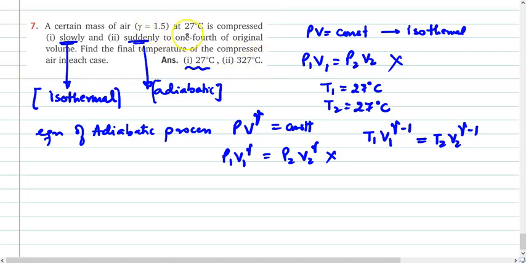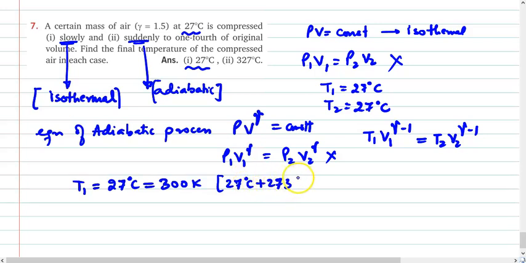Now look at this. What was the initial temperature? 27 degrees centigrade. So T1 will be equal to how many Kelvin? 27 degrees centigrade is equal to 300 Kelvin. You add 273 to 27 degrees centigrade. Common mistake: if you take temperature in degree centigrade, this is going to go wrong.